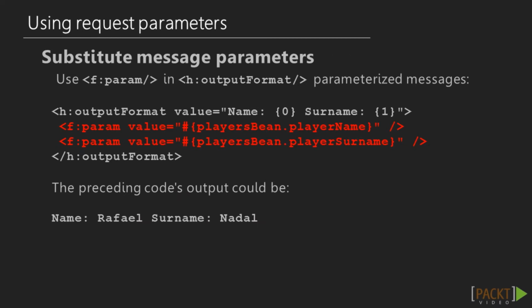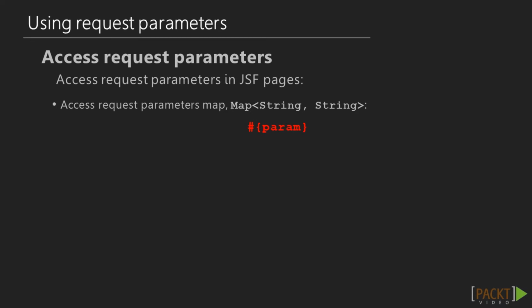The f:param tag can also be used inside the h:outputFormat tag to create messages with parameters. At runtime, JSF will replace the placeholders from the message with the values of the parameters, exactly as you can see in this example.